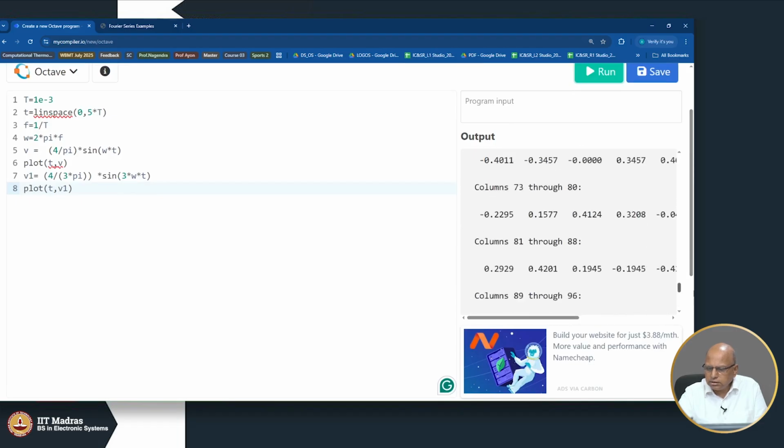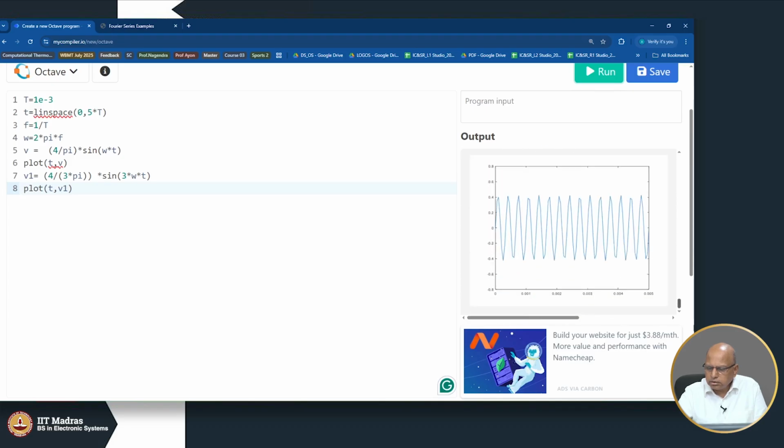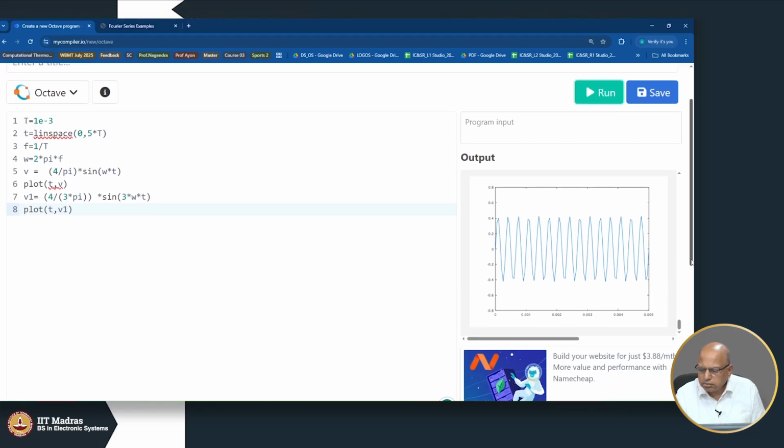So, you can see that we have plotted this is the 3 omega t. Okay, this is 3 omega t. Let us increase the number of points.